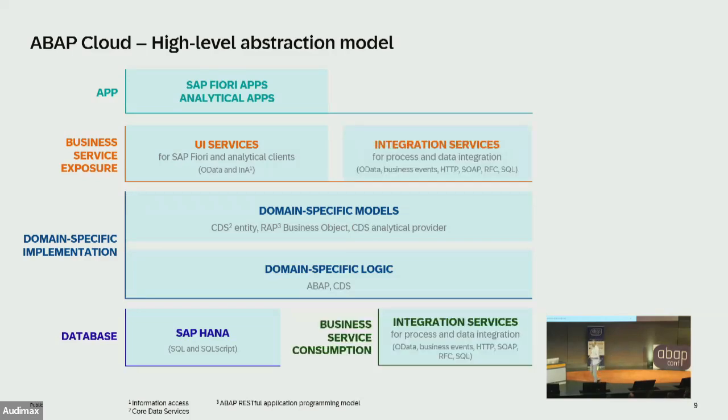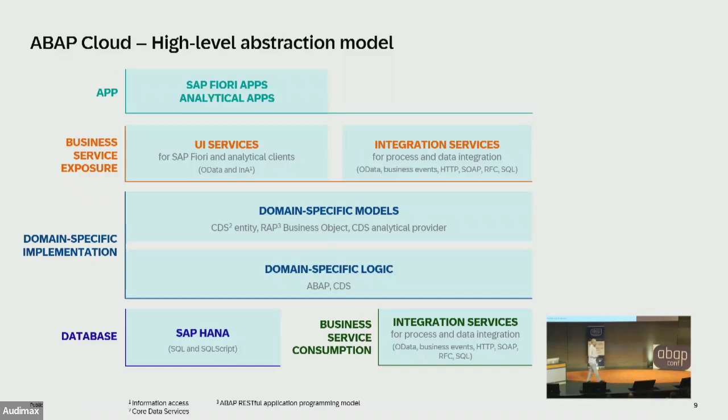And additionally, it's not only about apps. We add integration services as well. So for example, you can build a remote API, like for extracting data out of your system, as an example, directly sitting on top of the business objects using OData or HTTP or even events whenever there's a change in a sales order, as an example.